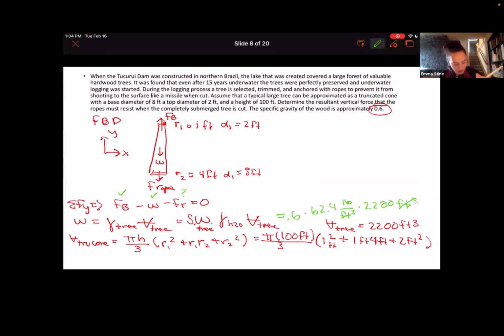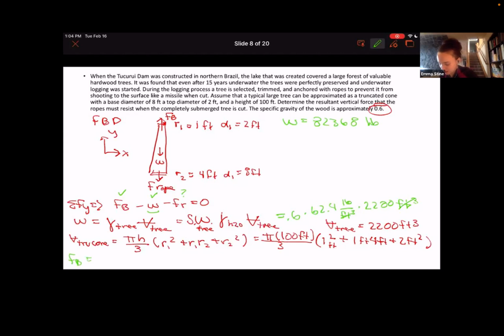Cancel those out, and the weight of the tree is 62.4 times 2200, which is 82,368 pounds. Awesome, so we have weight. Now we just need to find force buoyancy, because that's another one we can solve for.